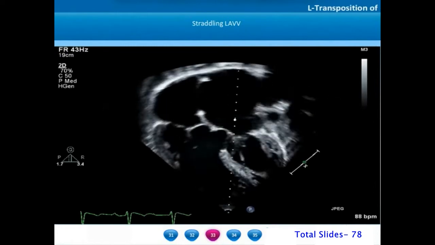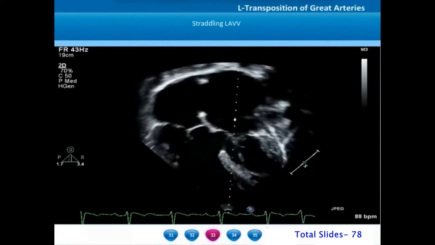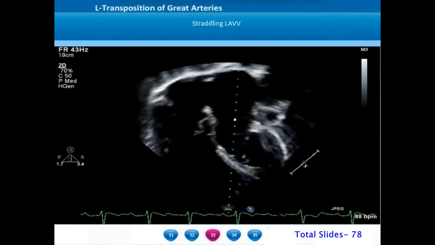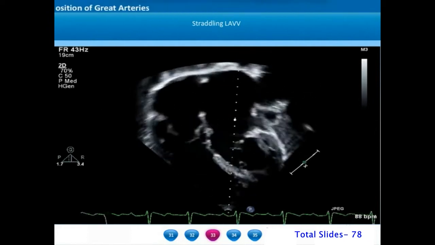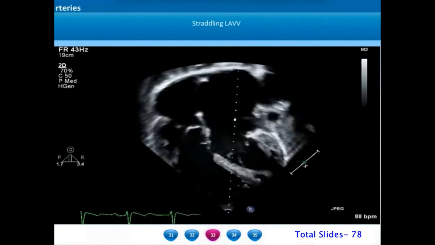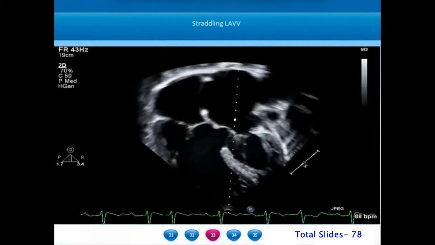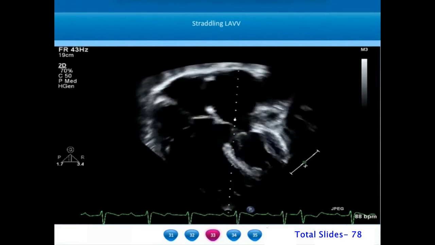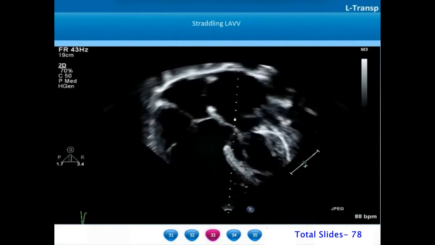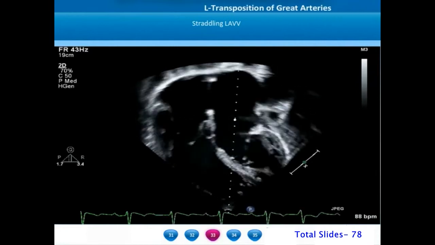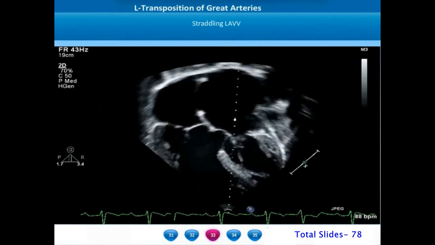In patients who have large inlet ventricular septal defects, in the setting of atrioventricular discordance, there can be considerable straddling of the left atrioventricular valve. We can notice the chordal structures of the left atrioventricular valve getting attached to the crest of the interventricular septum and the margins of the inlet ventricular septal defect.